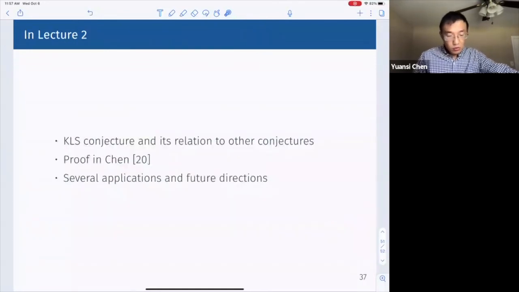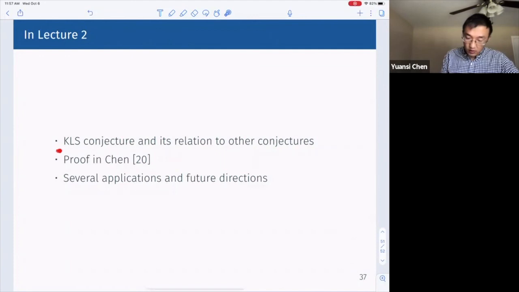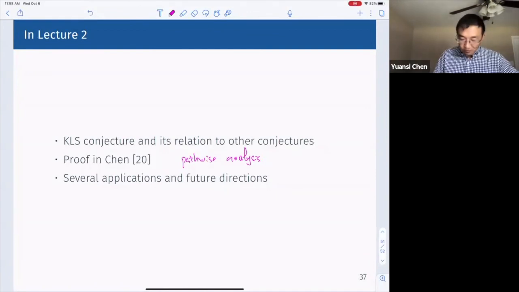So in lecture 2, which I think is intended to be a general audience lecture, we'll talk about the KLS conjecture and its relation to other conjectures. And then we complete the proof, still seeing this as one type of pathwise analysis, but we need some more technical tricks to make the technical part work.